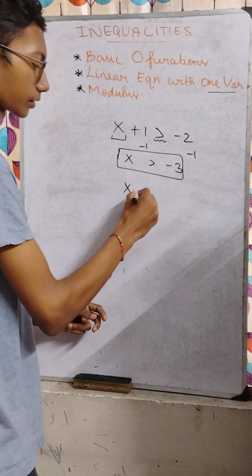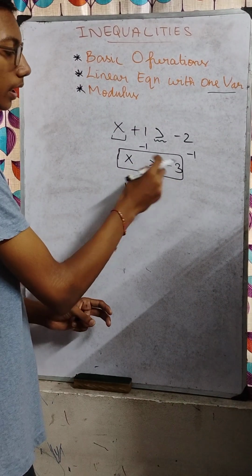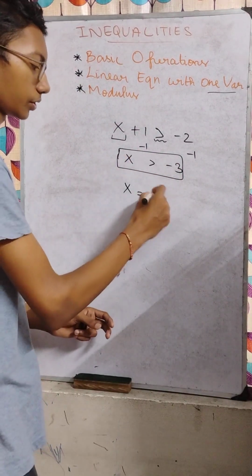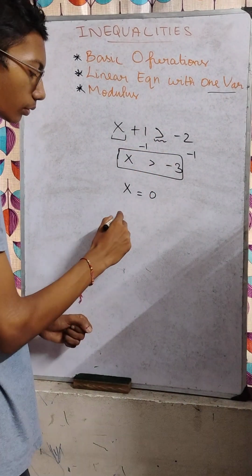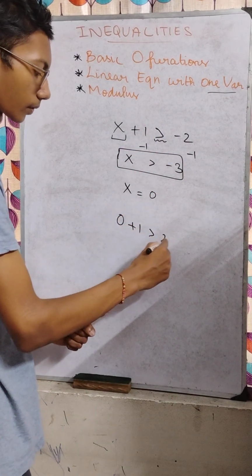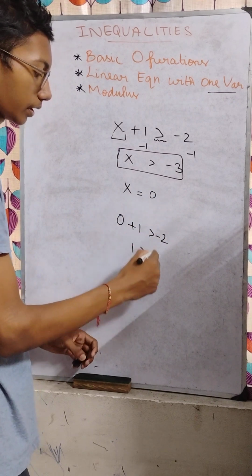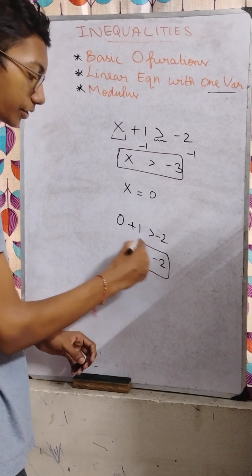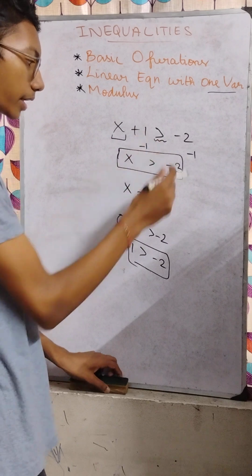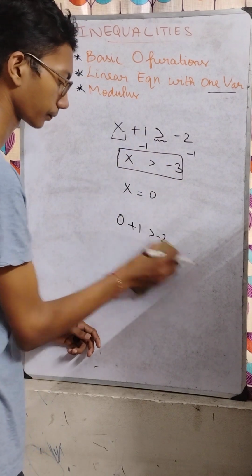Because if we put x as, let's say, 0 in this equation, we get 1 is greater than minus 2, which is true. So x greater than minus 3 is the solution.